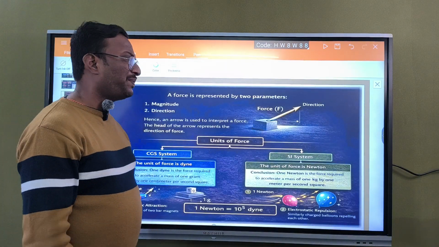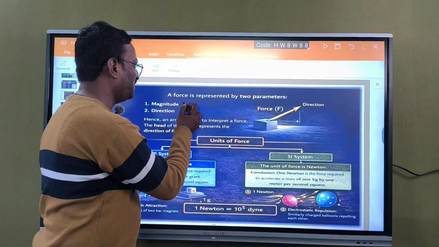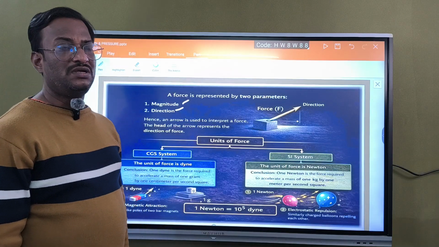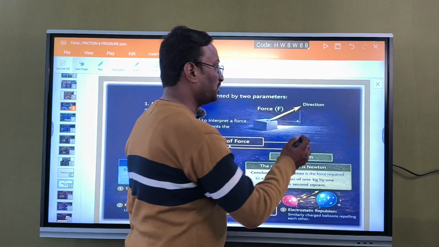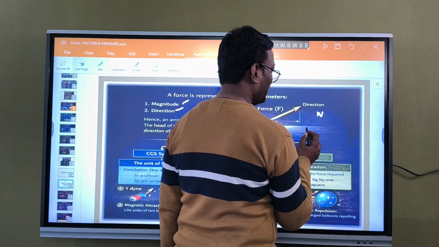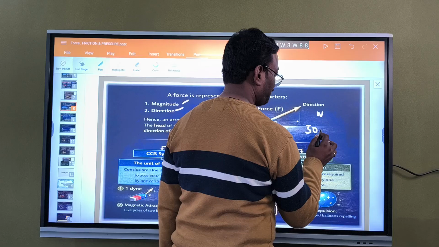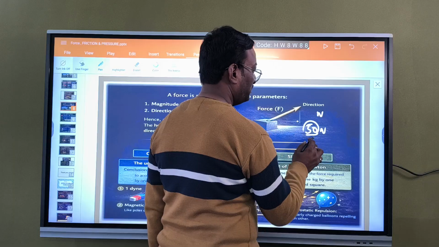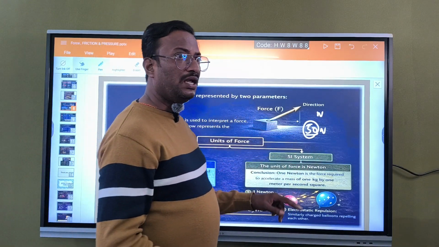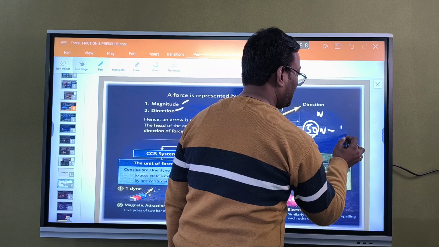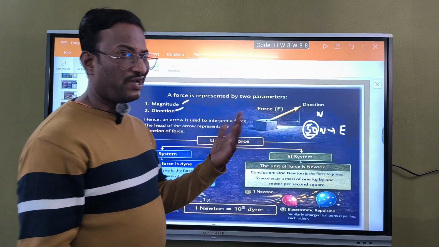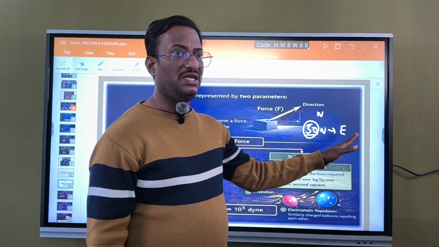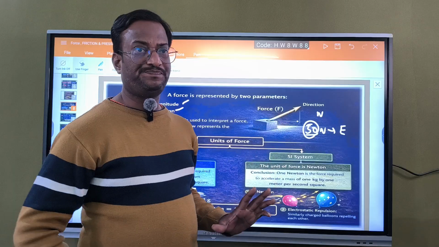Next thing, a force is represented by two parameters, one is magnitude and the other is direction. So what is magnitude? The SI unit of force is Newton, children. Suppose you consider a force of 50 Newton. The number 50 indicates the magnitude. 50 Newton in some particular direction, it may be east or west, left, right, top, bottom, any direction. 50 Newton with direction, together, is considered a force.